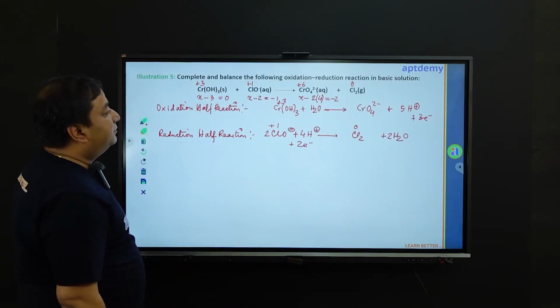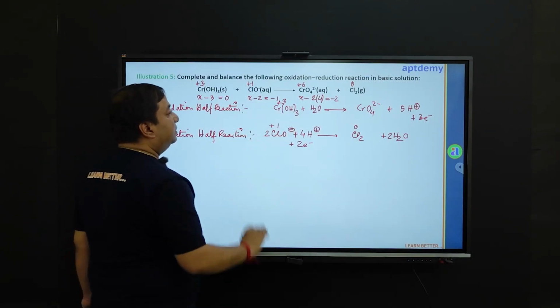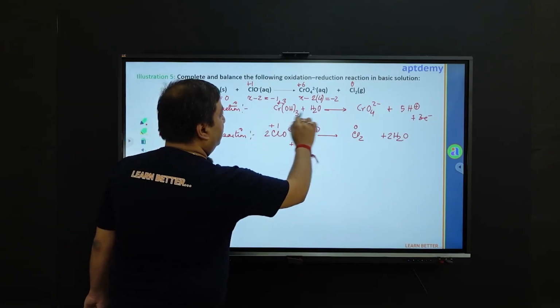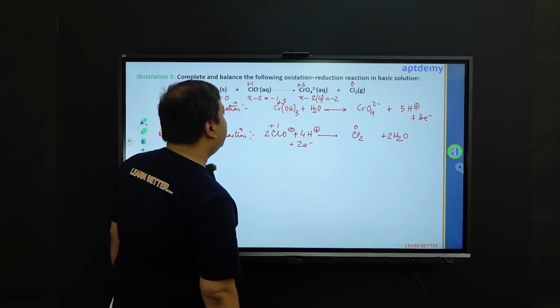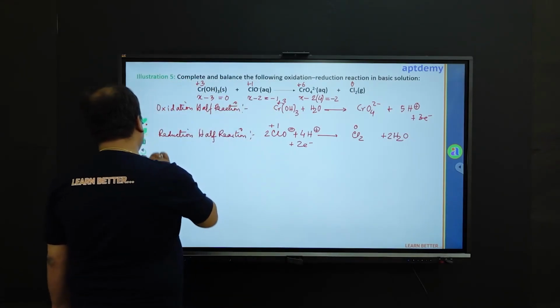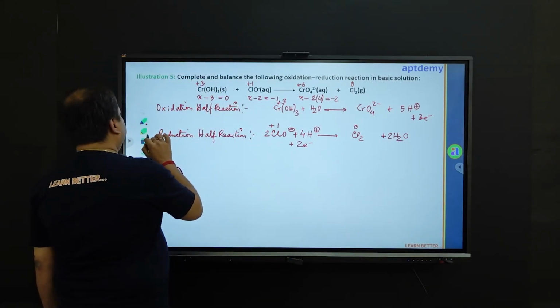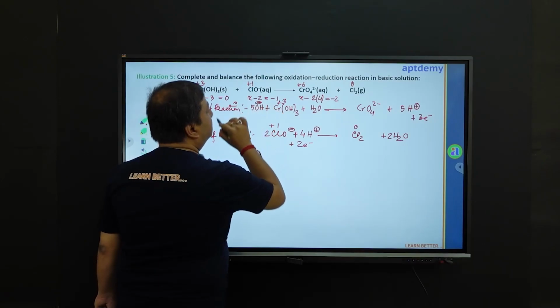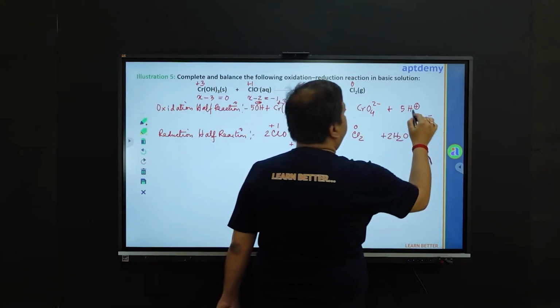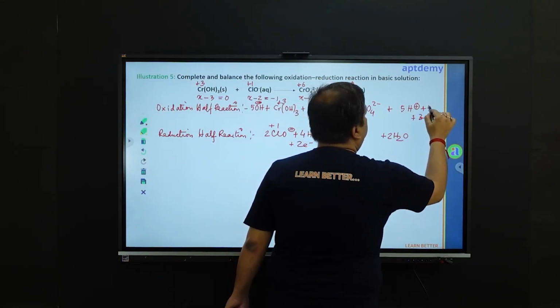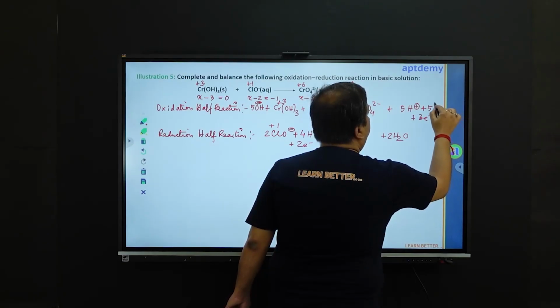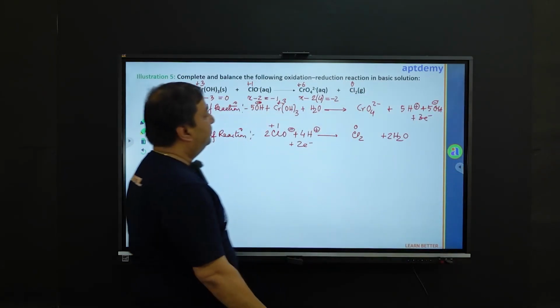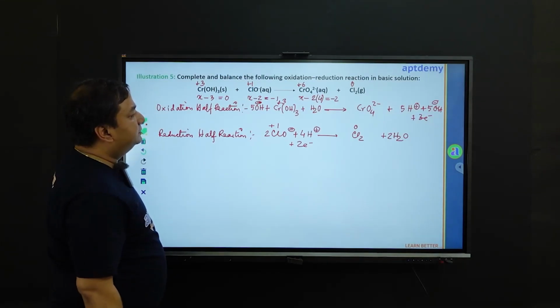So now we will be adding the OH minus ions. Over here, how many OH minus ions will we add? Let us do it here only, instead of writing separately. So we will be adding over here, say, 5 OH minus ions, and here also we will be adding 5 OH minus ions.